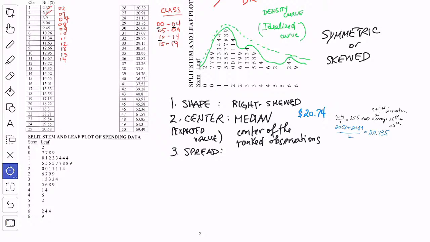So that's nice that we have a single value for what to expect in the next shopper, but there's a whole range of values here, and that single value does not capture that distribution. So the idea of creating the 5 features is an illustration, a summary of the graph.